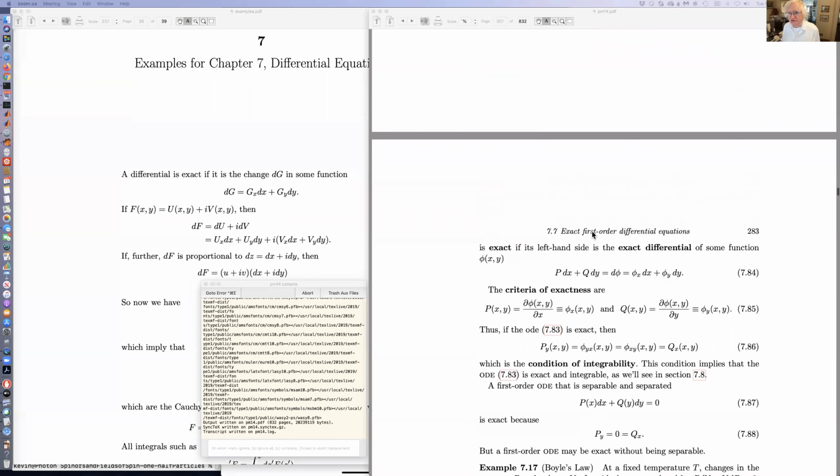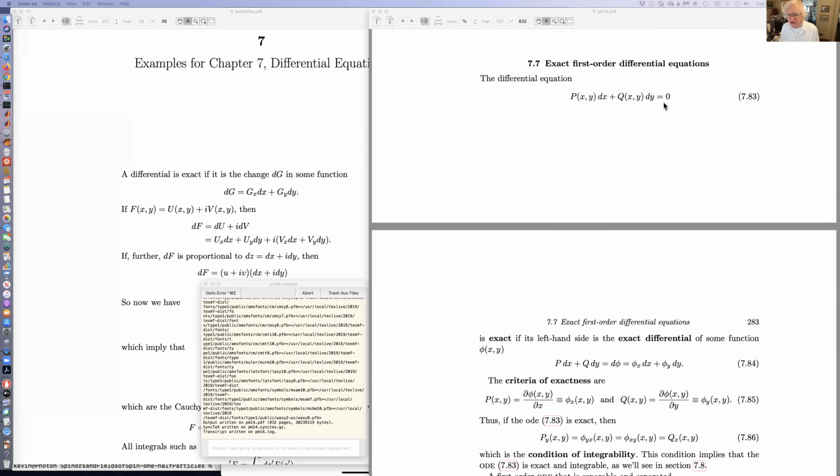If you have an exact differential equation, then p is the partial of something, which I called phi, with respect to x, and q is the partial of phi with respect to y.